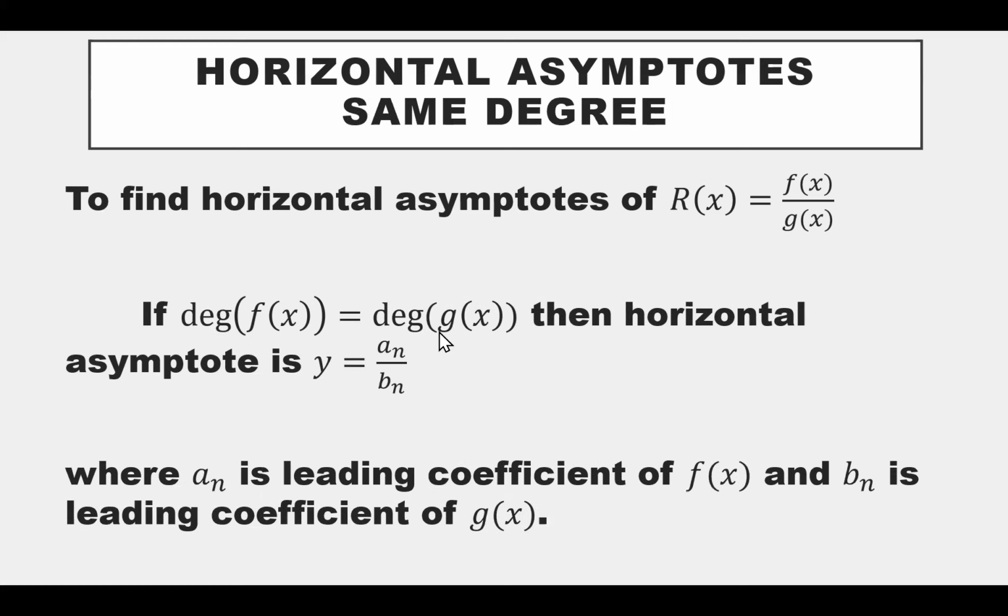And if the degrees are equal, then the horizontal asymptote is going to be y equals a sub n over b sub n, where a sub n is the leading coefficient of the numerator, and b sub n is the leading coefficient of the denominator polynomial.